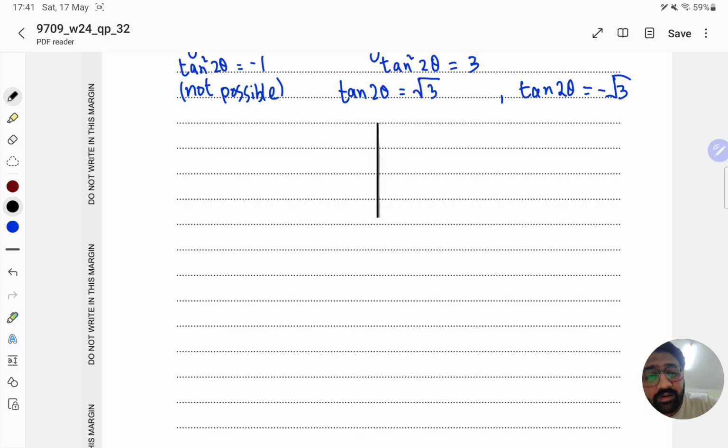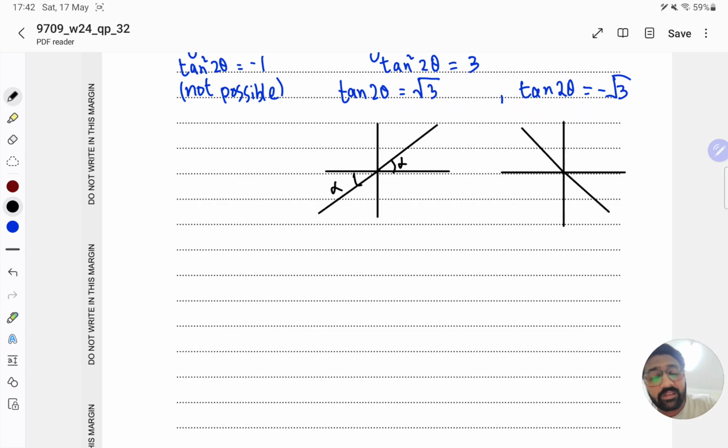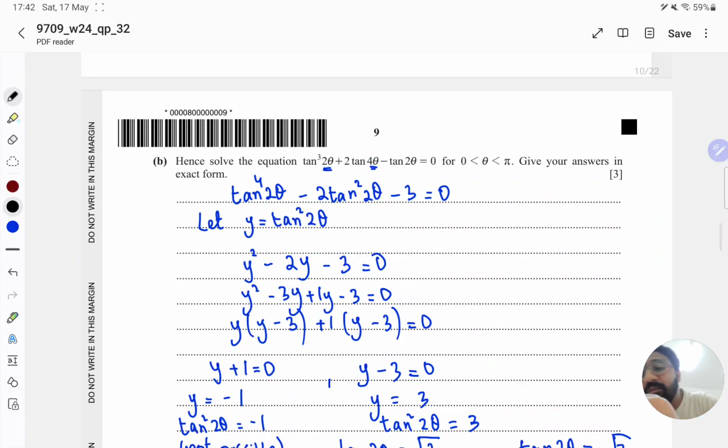This is going to be for the first one. Tan is positive in the first and the third quadrants. So these are the basic angles, the alphas. And for this one, tan is negative in the second and the fourth. So these are the two basic angles. Let me find the basic angle first. Remember, the basic angle is supposed to be in terms of radians. Change your calculator mode to radians first.